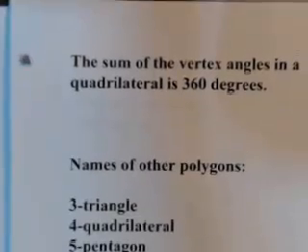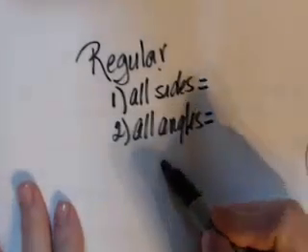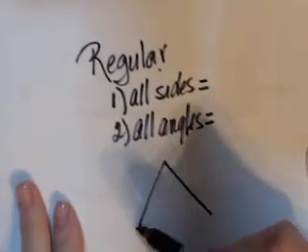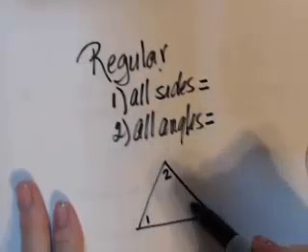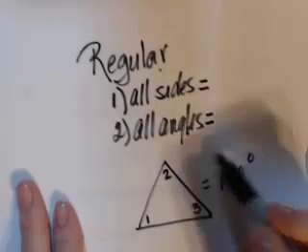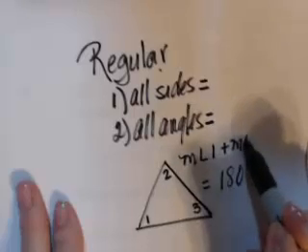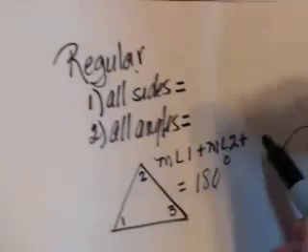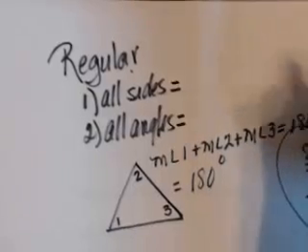We learned in an activity in our previous lessons that a triangle has the sum of its 3 angles to be 180 degrees. So the measure of angle 1 plus the measure of angle 2 plus the measure of angle 3 is equal to 180.